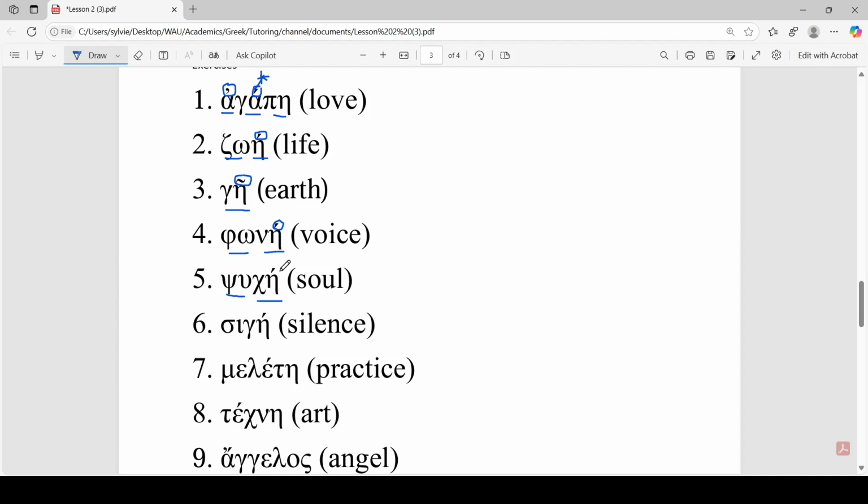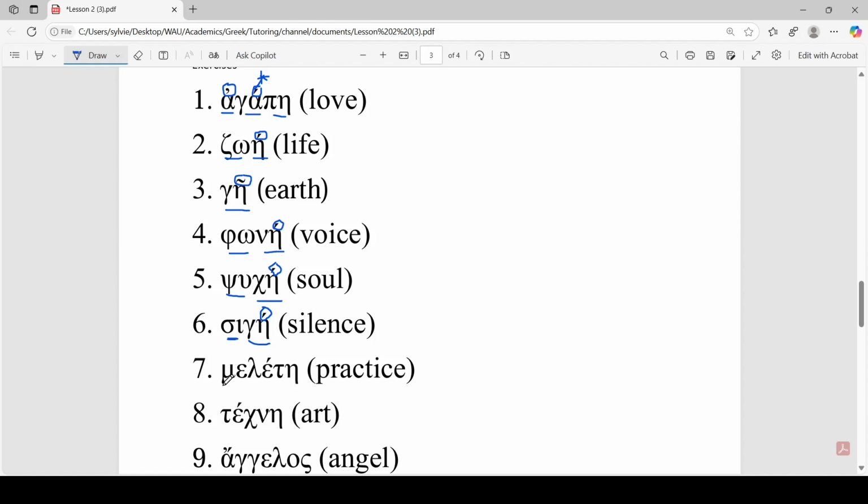It's basically the same thing for the underneath word, psuke. We have the same acute accent here. So the pronunciation would be psuke, psuke. These are very similar words in terms of pronunciation. What about this?